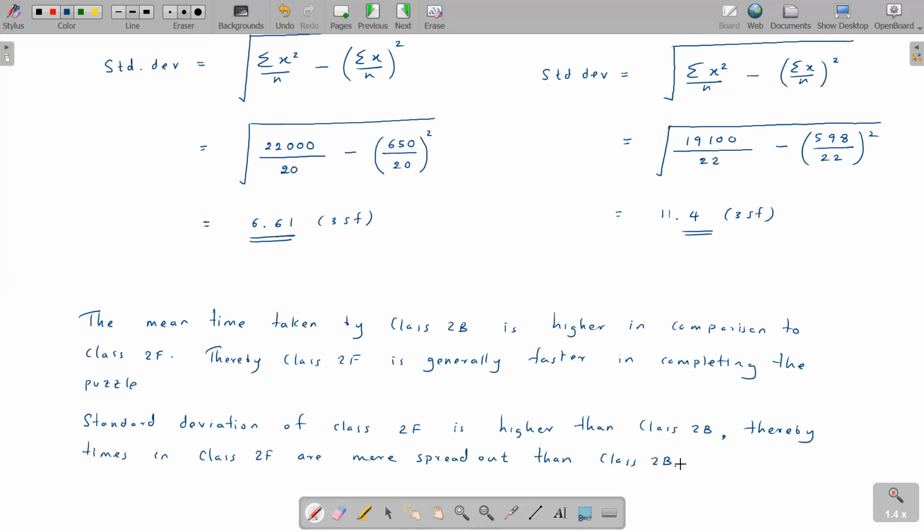So some kind of a comparison like this. You just need to compare the measure of location, which is the mean, and the measure of spread, which is the standard deviation.